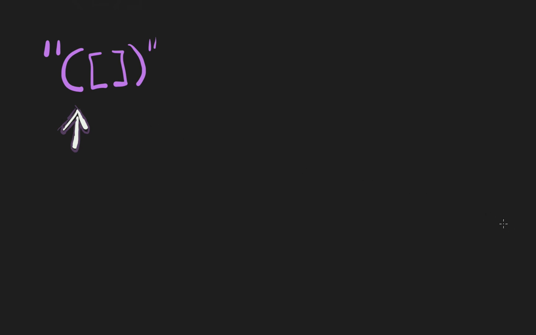So now let's look at the solution. Basically what we'll be doing is iterating over each character, so each brace. Every time we encounter an opening brace, we will push the corresponding closing brace of the same type to the stack.